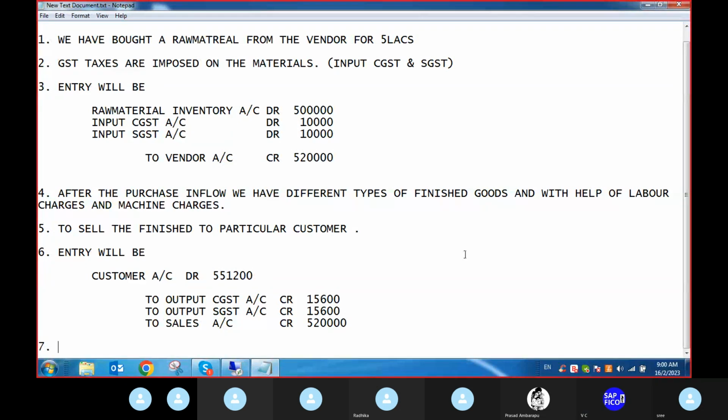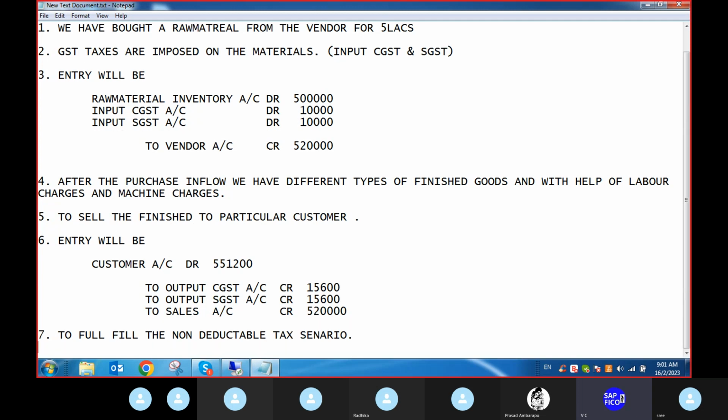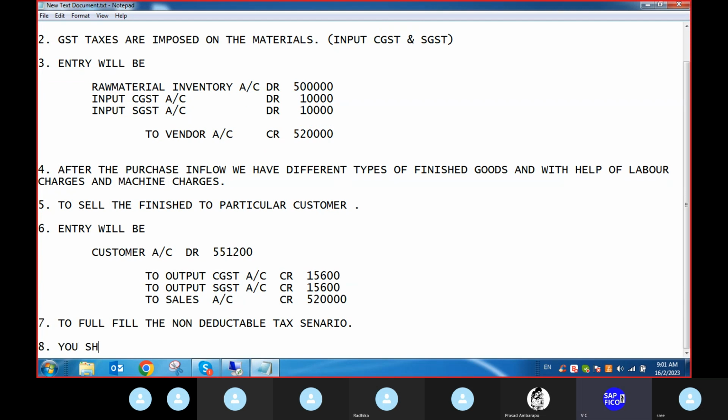Seventh point will be: to fulfill the non-deductible tax scenario, the eighth point will be, ma'am, so you should define accounting keys for the non-deductible tax in transaction code OBCN.